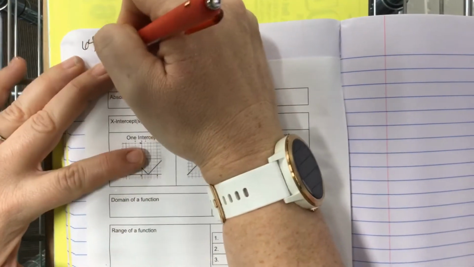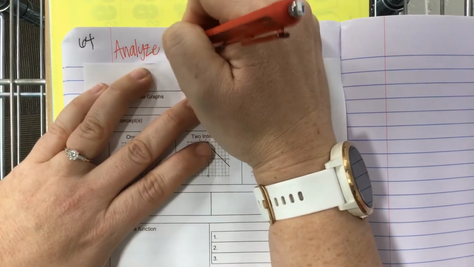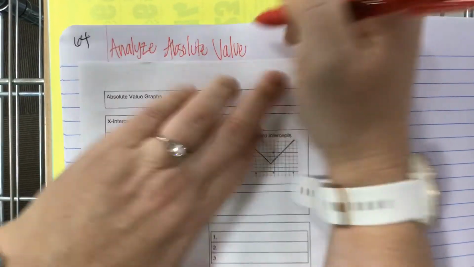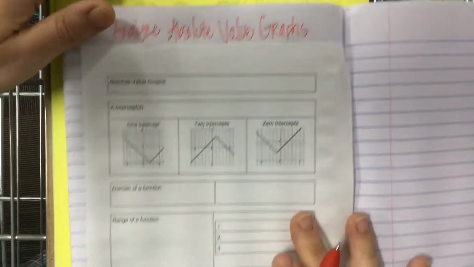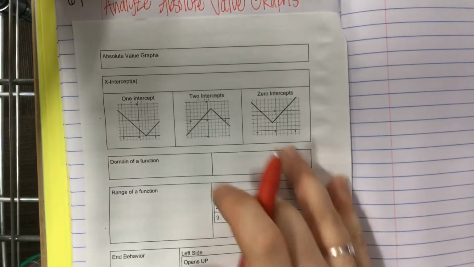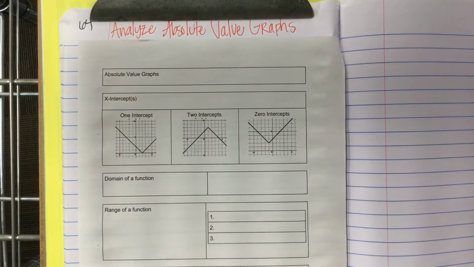this is analyze absolute value graphs. All right, so remember that the graph of an absolute value makes a V shape.